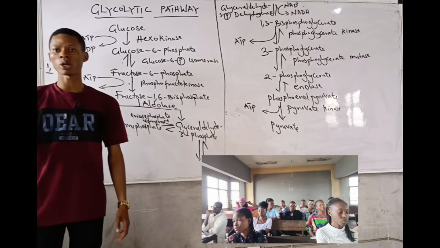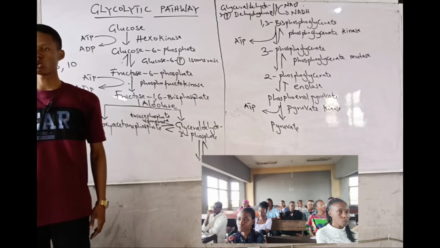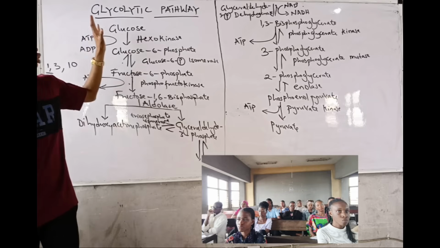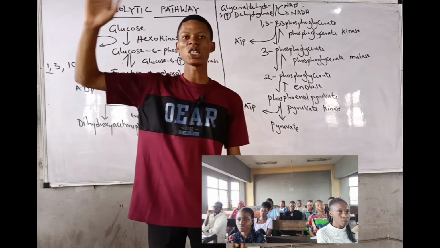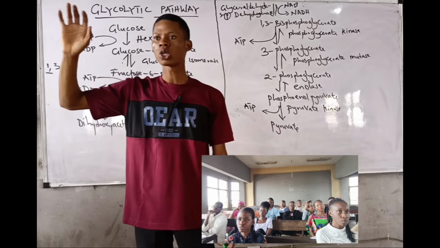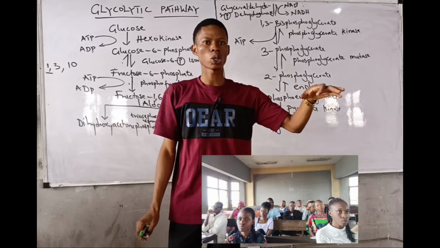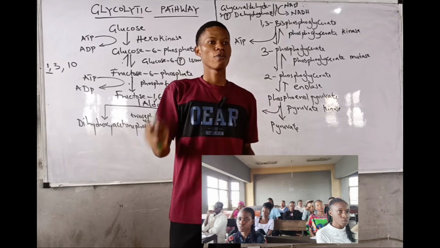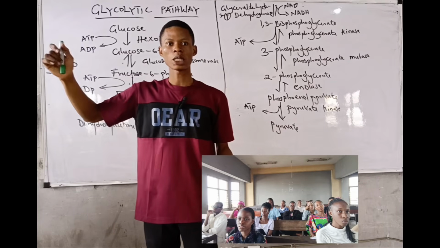Before I allow you to write and we do the energy analysis and we'll leave this topic for good, don't forget that in the glycolytic pathway, glucose is first phosphorylated to what? Glucose phosphate. Glucose phosphate is isomerized to what? Fructose phosphate is phosphorylated to what? 1,6-bisphosphate.